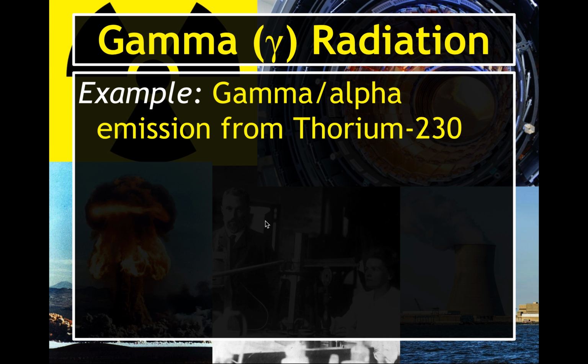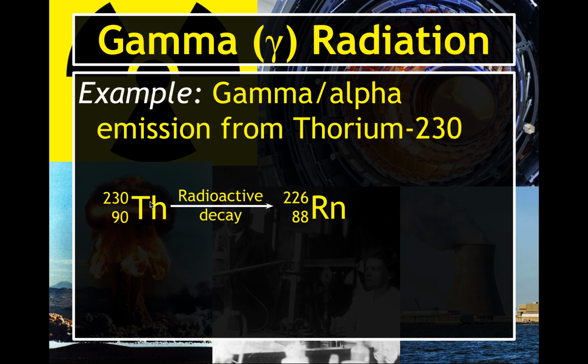Here's an example of gamma and alpha emission from thorium-230. There's thorium. It has 90 protons, and in this case a mass number of 230. When it undergoes radioactive decay, it's going to lose protons.